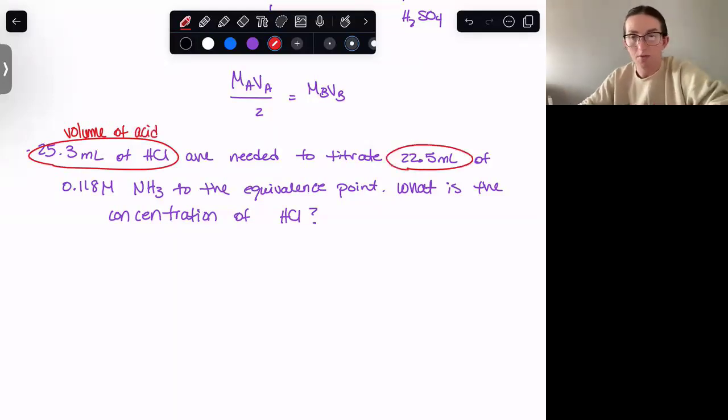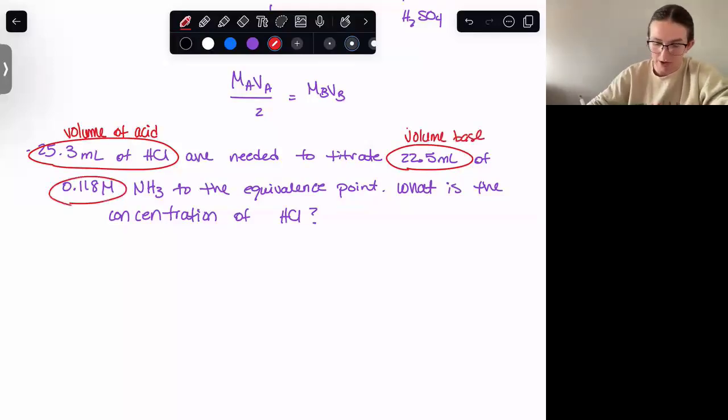What does that relate to? Good. This is volume, base. And then lastly, we have 0.118 molar ammonia, NH3.